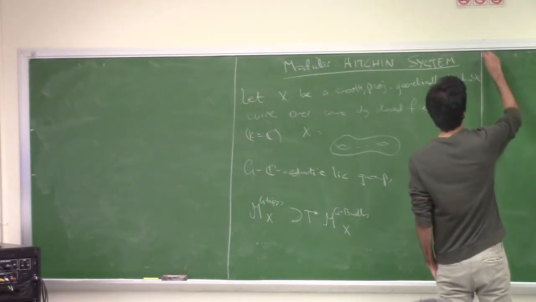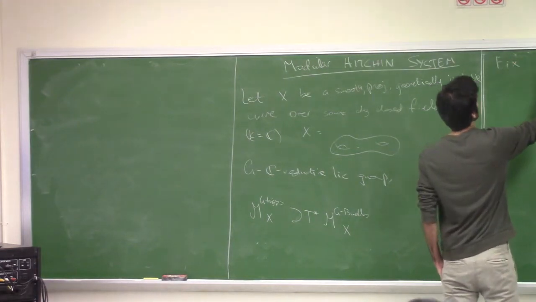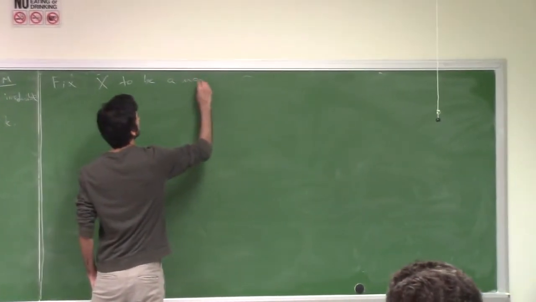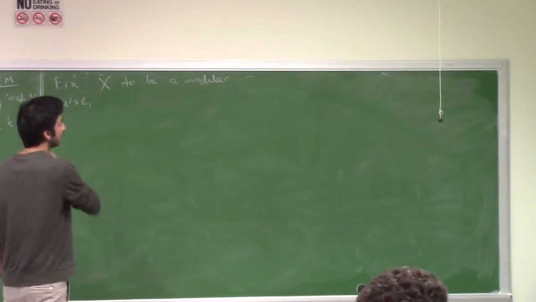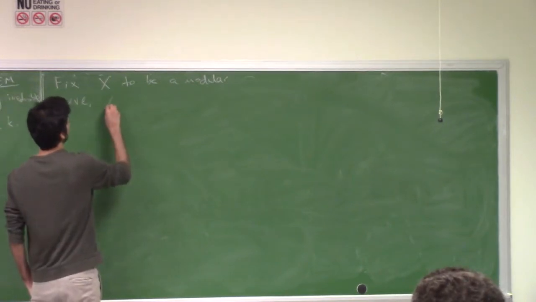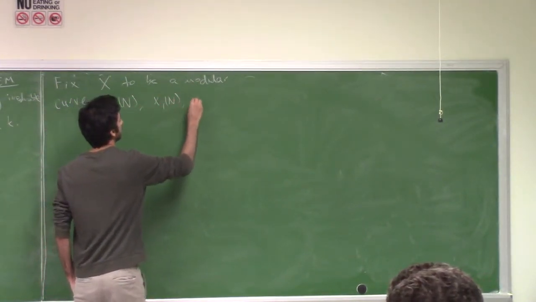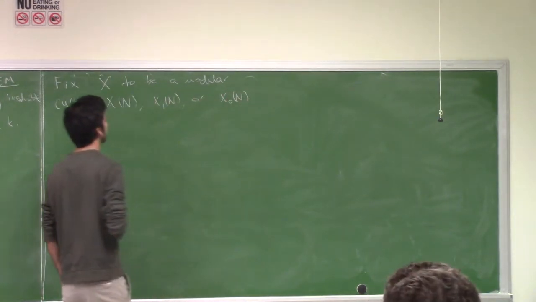So if we fix X to be a modular curve, I'll define these in more detail later. They come in different flavors. So X to be a modular curve, let's say X_n, X_1(n), or X_0(n).